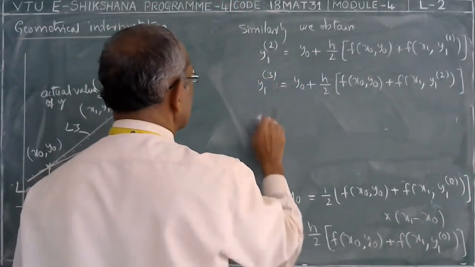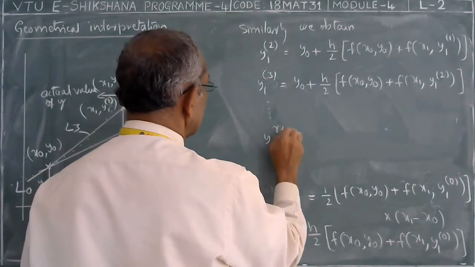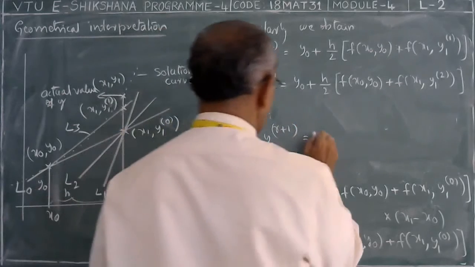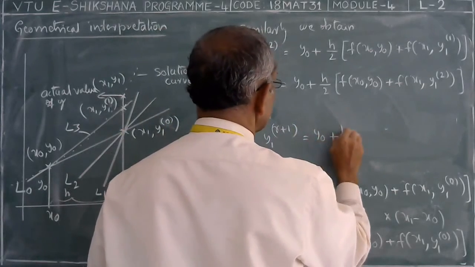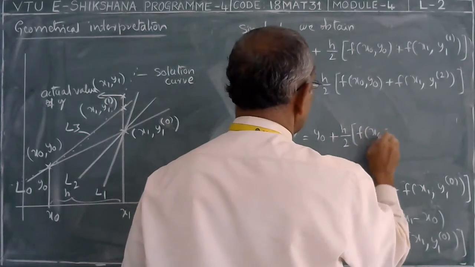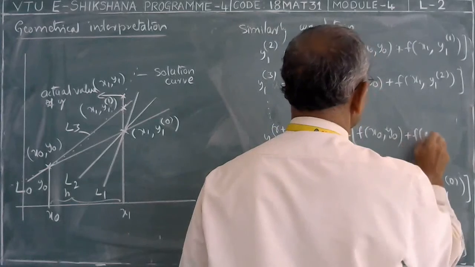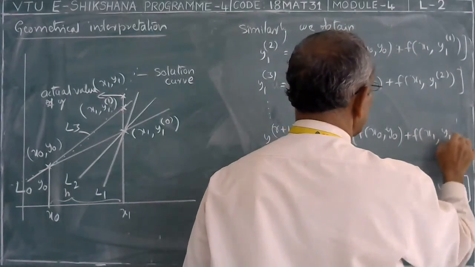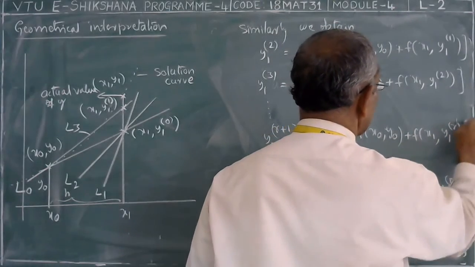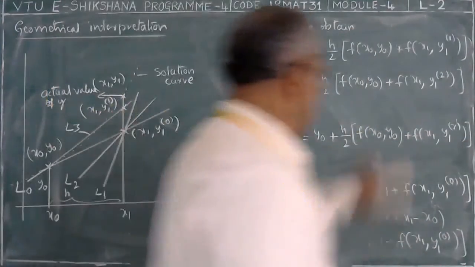So the general iteration formula can be written as y1 r plus 1 is equal to y0 plus h by 2 into f of x0 comma y0 plus f of x1 comma y1 r for r is equal to 0, 1, 2, 3, etc.